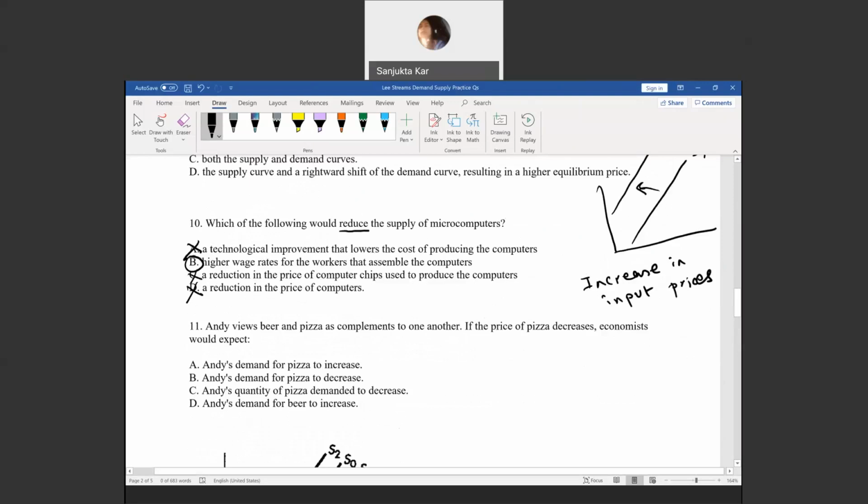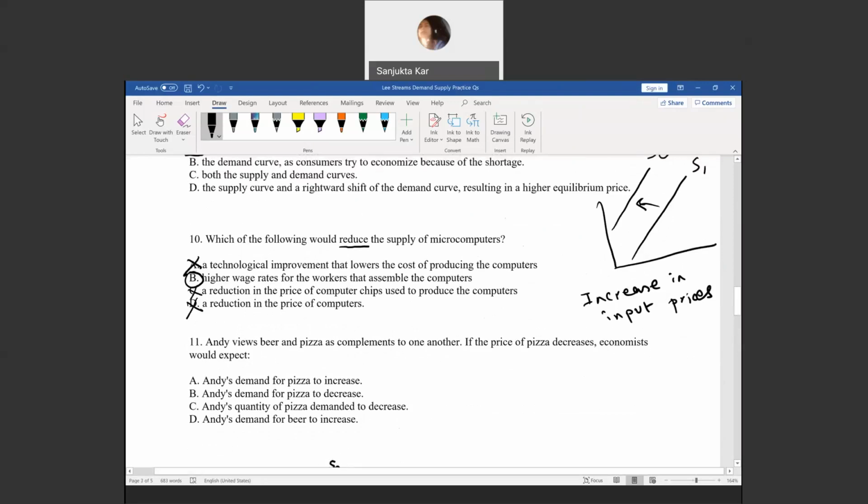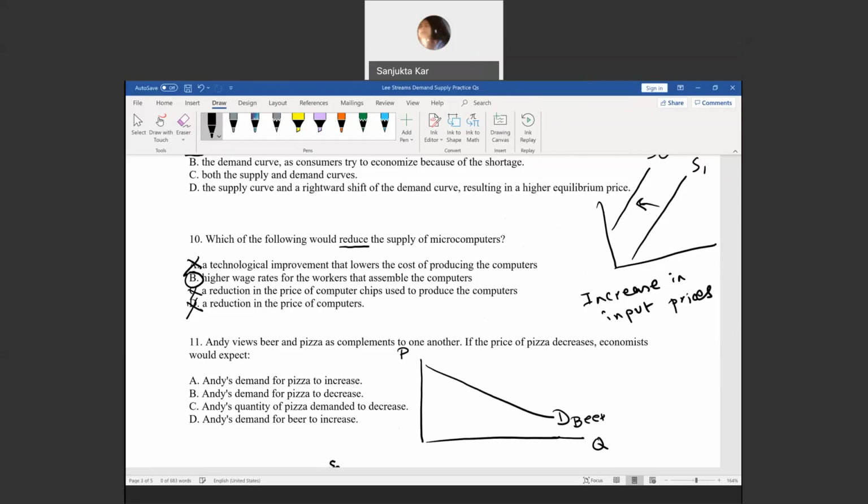Next one, we have beer and pizza. They're complements to each other. The price of beer decreases. All right, let's draw it this way. Let this be the demand curve for beer. That's the quantity of beer, and that's the price of beer.